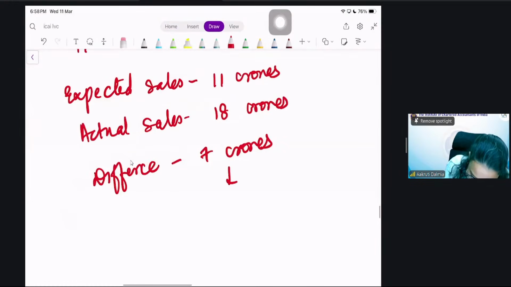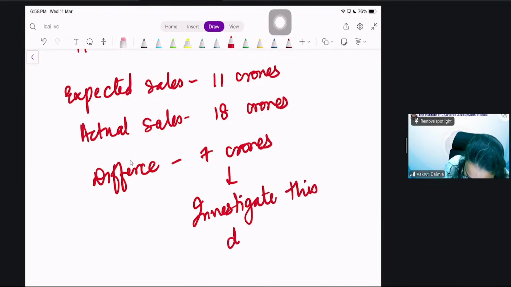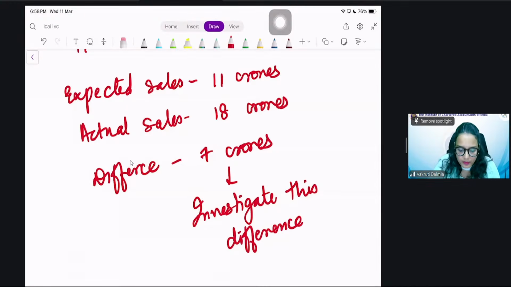And now I will investigate this difference. Understood? So now what am I doing? Now I am doing a substantive analytical procedure.